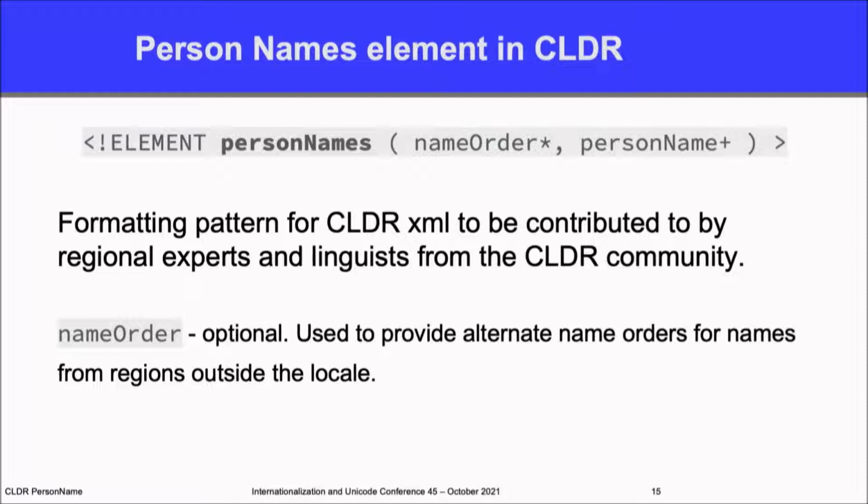It may get passed in from the application to say, I know you're formatting for the US, but use this name format with surname first. We'll show a small example with that. And then you can have one or more person name format elements inside of it. So the name order is, again, optional.